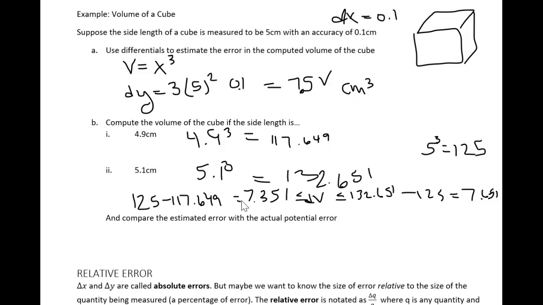And if you compare that to the actual error, it goes from 7.35 to 7.651, which is about 0.15 cubic centimeters off. Compare the estimated with the actual. So very close. Within 2/10. I'm having an issue with my decimals today.